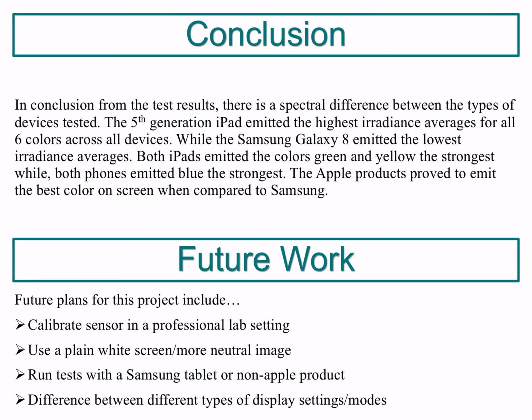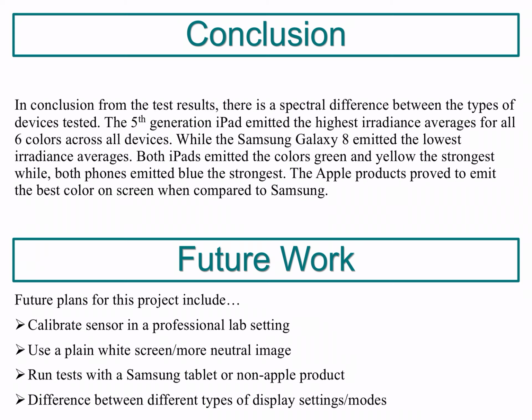And this would also help me to conclude which screen emits color the best, as white is a combination of all colors. I would also, since I did compare majority Apple products against Samsung, I would like to run more tests with a Samsung tablet or non-Apple product tablet. This way I could also strengthen my conclusion that Apple products emit color stronger or emit color better than non-Apple products.